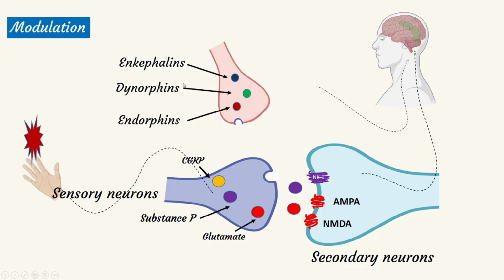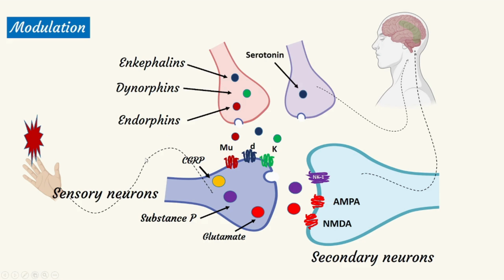Those neurotransmitters are known as peptide-type opioid neurotransmitters. They bind to the opioid receptors like mu, kappa, and delta receptors. That way they slow down the pain that is activated by substance P and glutamate, which is coming from sensory neurons.